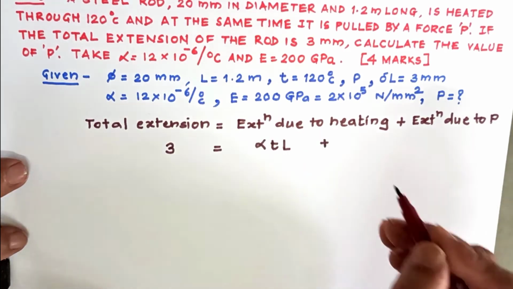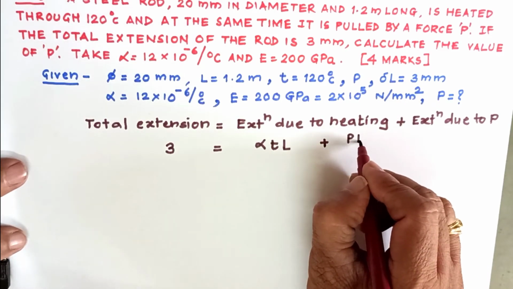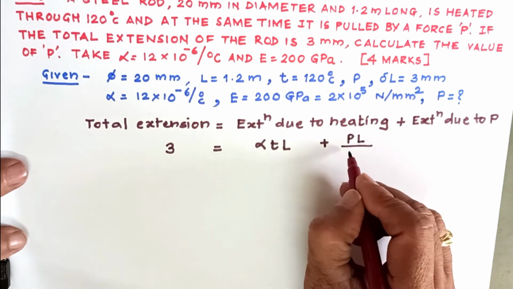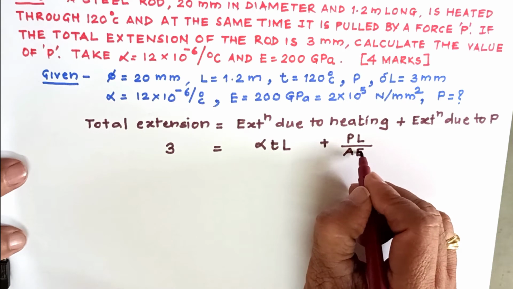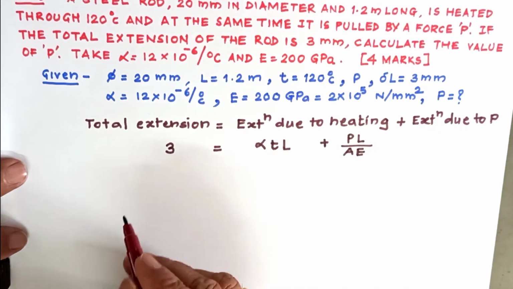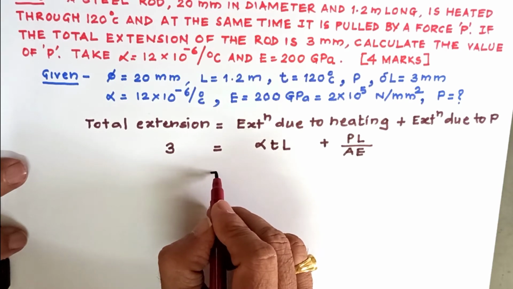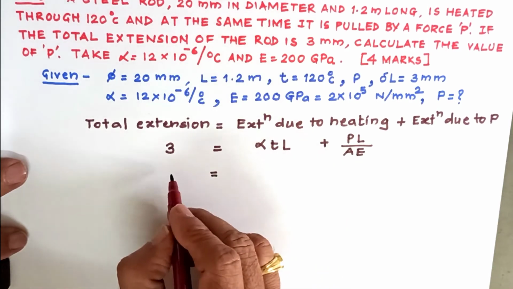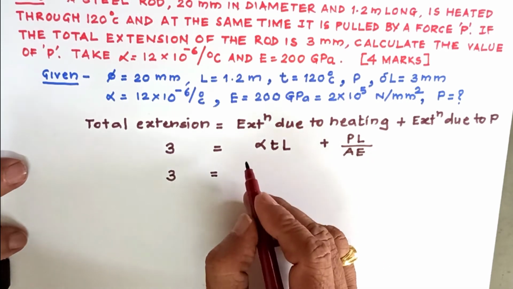Whenever pull is applied, extension is P into L upon AE. Now, let us substitute the values of alpha and T and L. What is alpha?